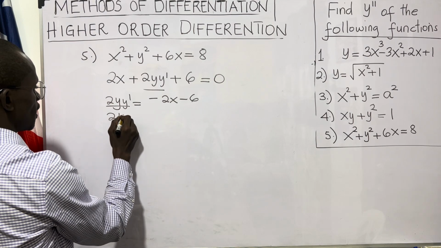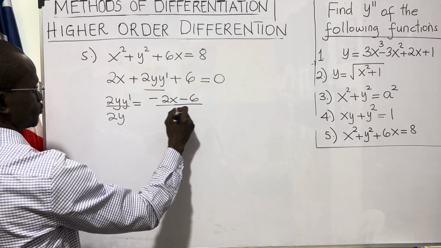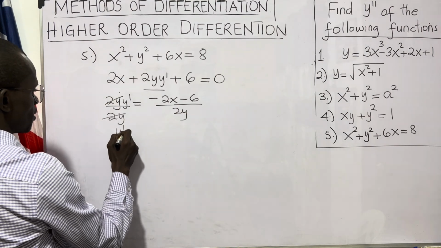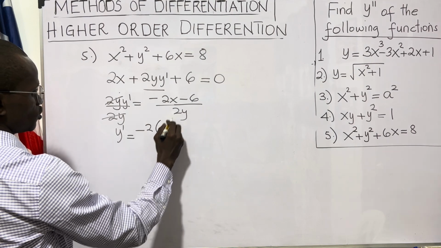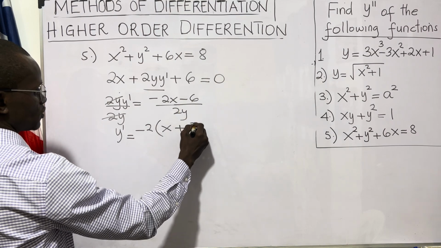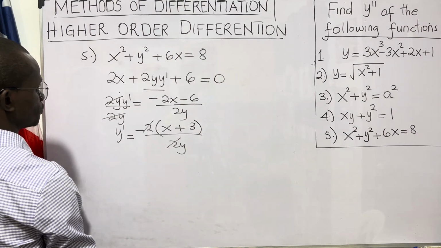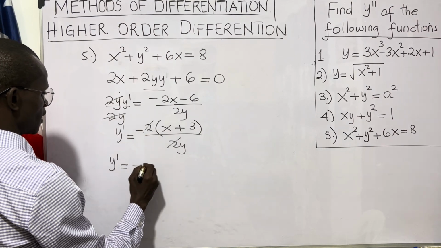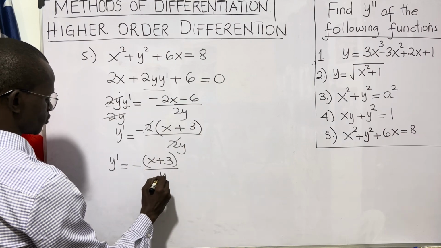Divide this out by 2y. So 2y cancels 2y, y prime equals, we can factor out 2, so we'll be left with x plus 3, since 2 goes into 6 three times, all over 2y. So 2 and 2 cancel, and y prime would just be minus x plus 3 all over y.